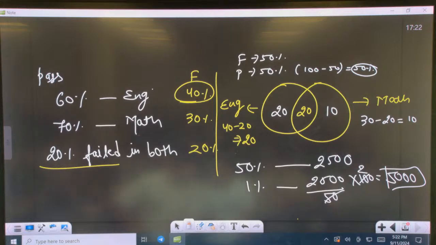He has said that you have not written the question. If 2500 candidates passed in both the subjects, this is not written by you. Write it in the question.